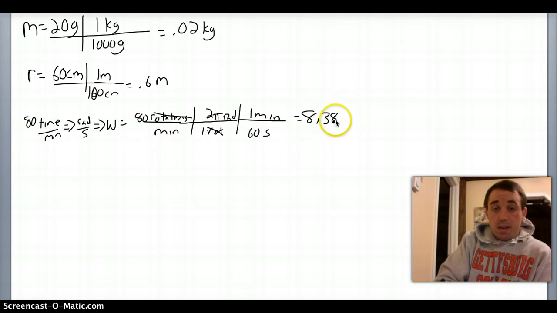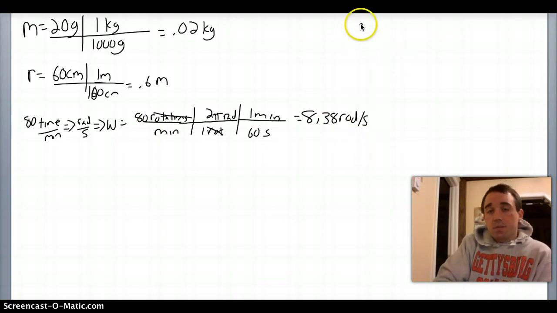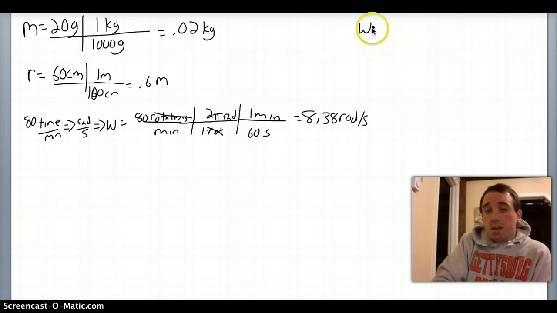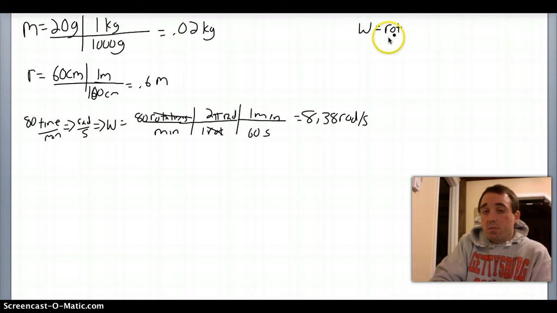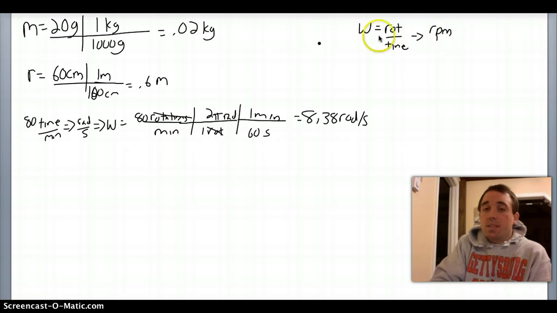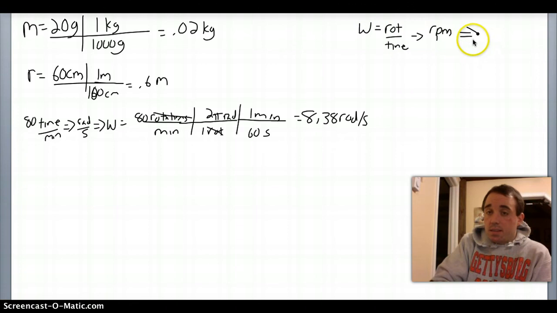This is an omega, so that has units of radians per second. Just going to break away for a second and say a couple units that are important. Omega is always in terms of rotations per time, whether it's minutes, hours, seconds, or whatever. Revolutions per minute is a common unit, but you've got to turn this into radians per second.